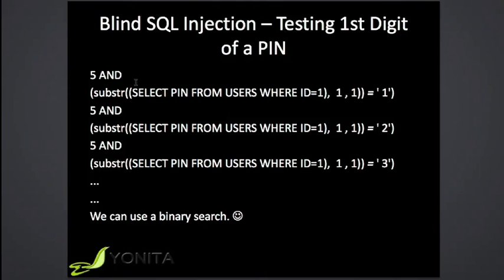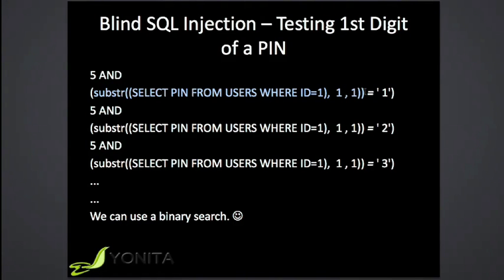So here we can find out the first digit of a PIN for a user. This part of SQL represents our always true or always false condition from the previous slide. So if we get the article, it means that this condition is true.